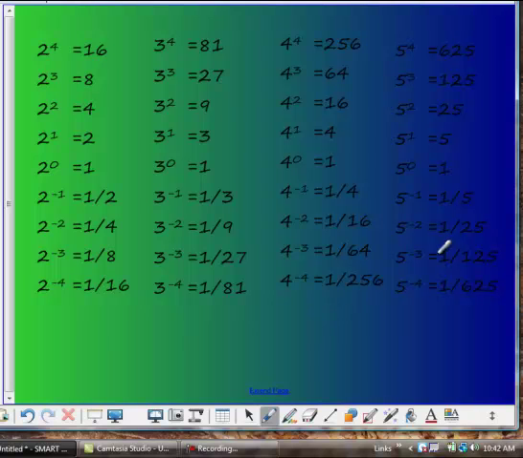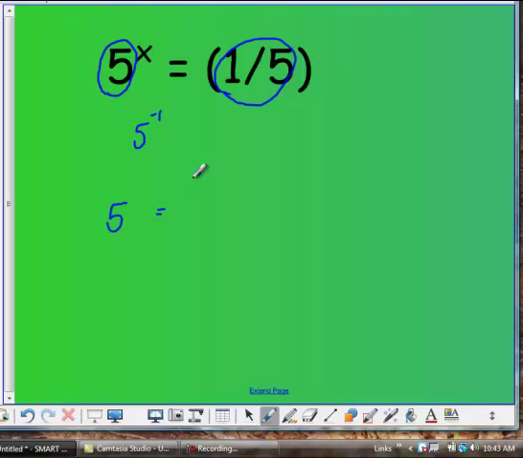So if I look over here and I notice that 5 to the first power is 5, and I look down here and I find 1/5, I can rewrite 1/5 as 5 to the -1. And then I can ignore my bases, and voila, x is -1.